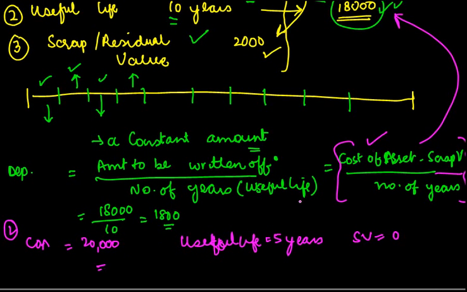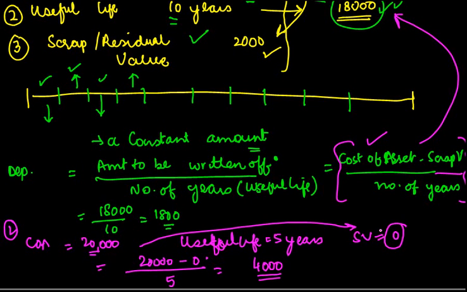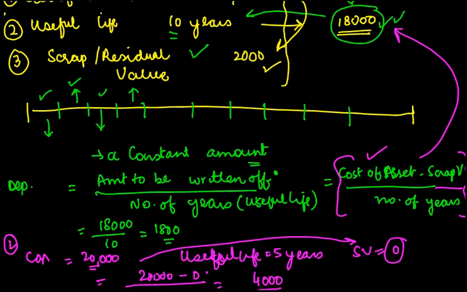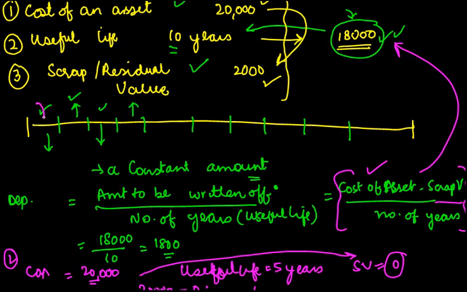If you want to apply this, cost of asset is 20,000 minus scrap value is 0, divided by useful life of 5 years, 4,000. And even otherwise, if I have bought something for 20,000 which will be useless after 5 years because there is no scrap value, every year how much should I write off? It will be 20,000 divided by 5. So this method is known as the straight line method, in which you charge a constant amount every year.